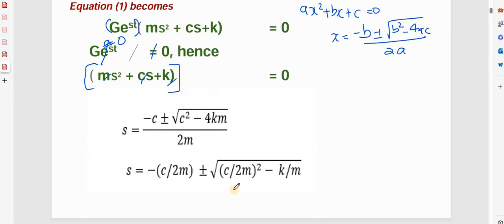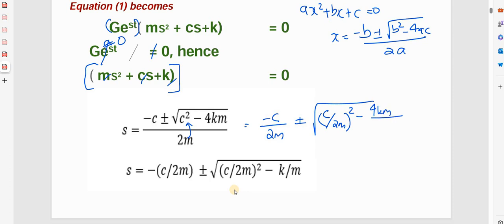Now I am simplifying this equation like this: s is equal to minus c by 2m plus or minus root of, taking this inside, c by 2m the whole square minus 4k by m divided by 4m square, so the squares cancel and I get k by m.